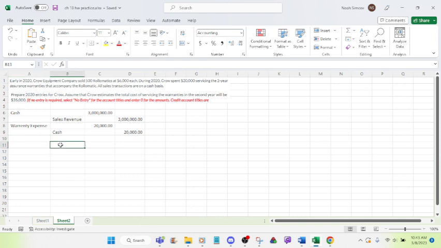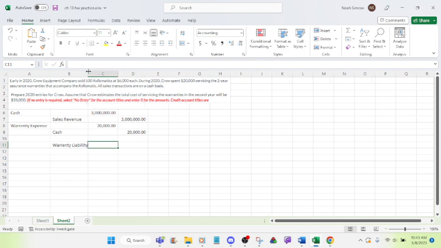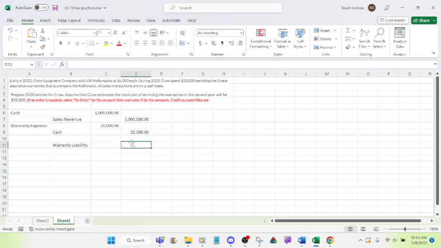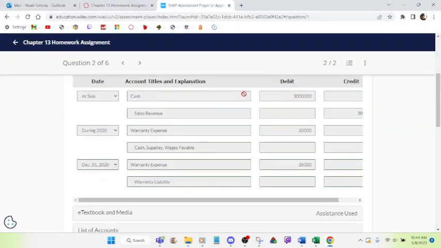Warranty equals... what? Well, actually, okay, and the only thing I felt wrong was that one.